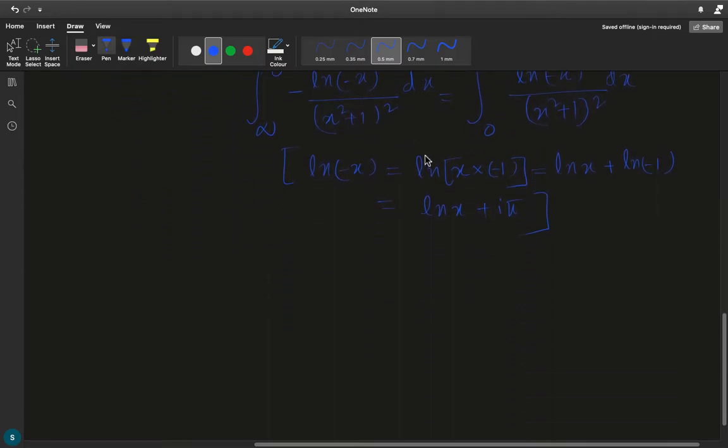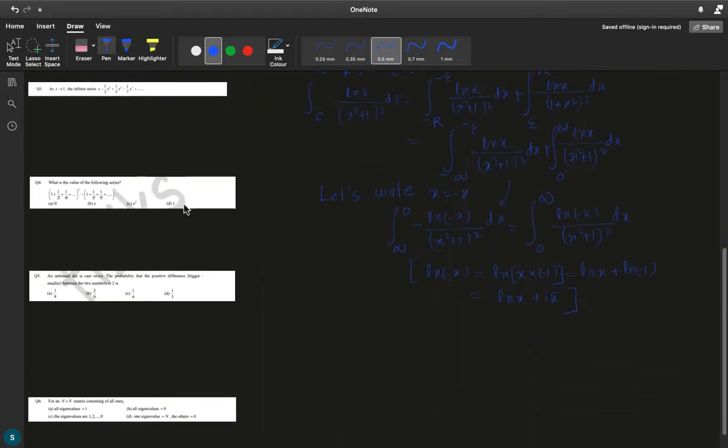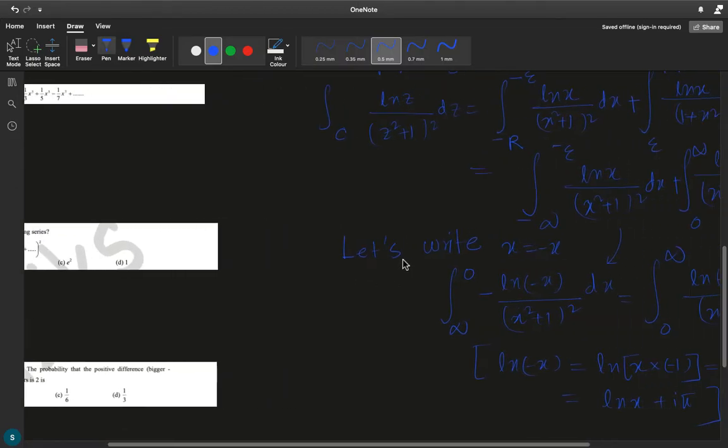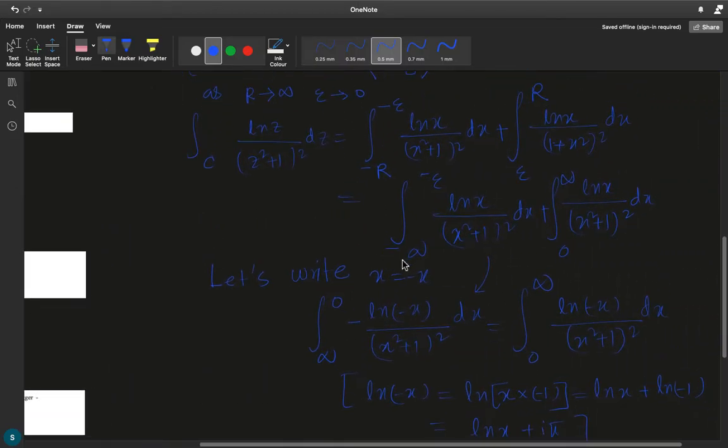So I am writing again in the form of the total integral. There is a shortage of space, as you can see.